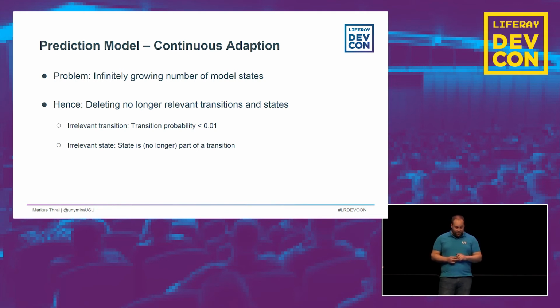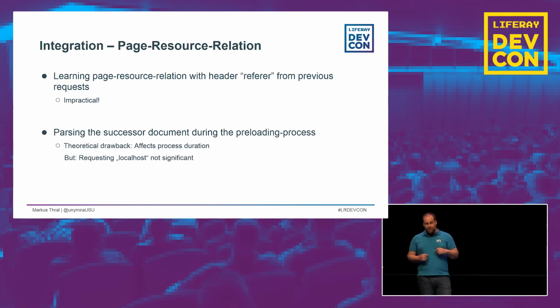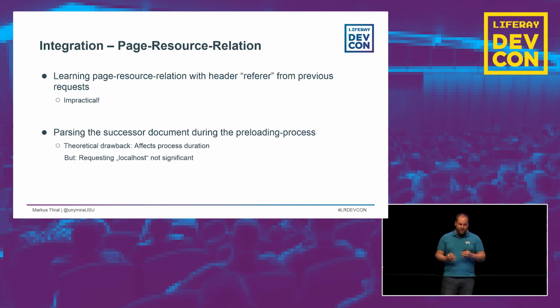Okay, now we want to integrate the model in our portal, in our web application. Therefore, as I said, we have to find the relation between a page and its resources. There are two ways where we can realize this.